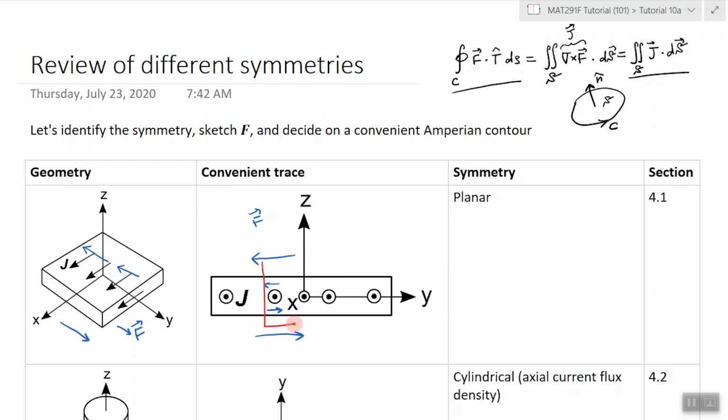And also, another feature of a good Amperian contour is that the contour aligns with the field on some of its portions and is perpendicular to the field on the other portions. This makes everything much easier to integrate. The kind of symmetry that's present in this problem is planar symmetry, and it's discussed in section 4.1.